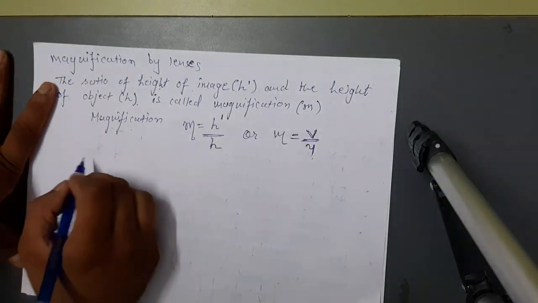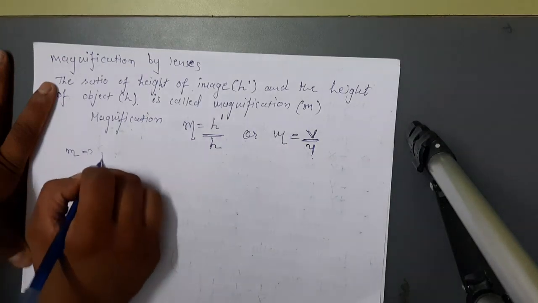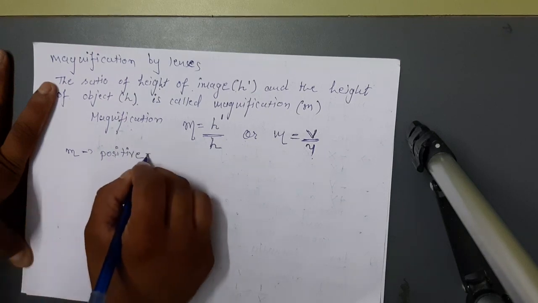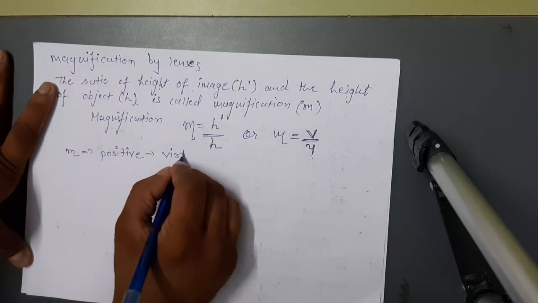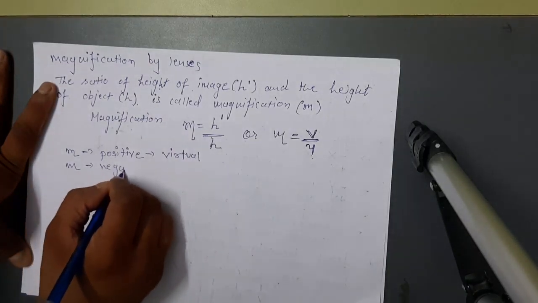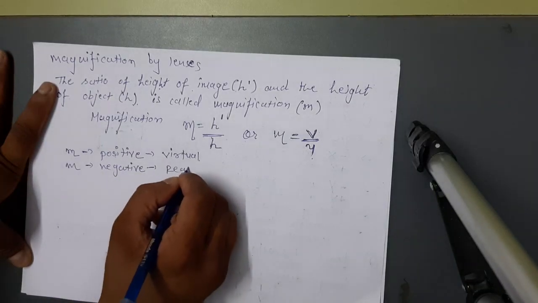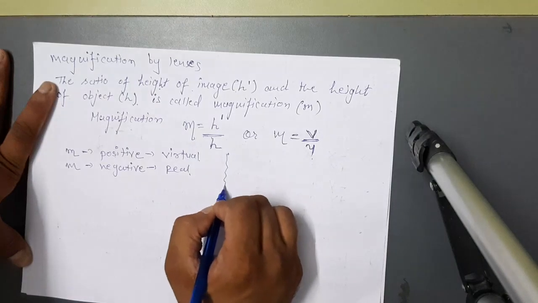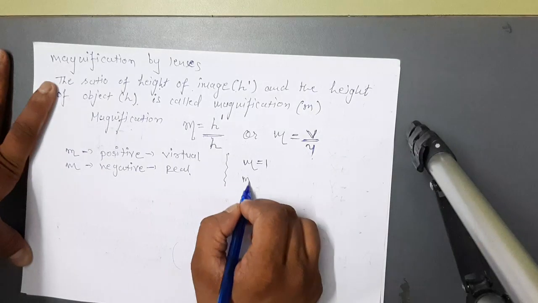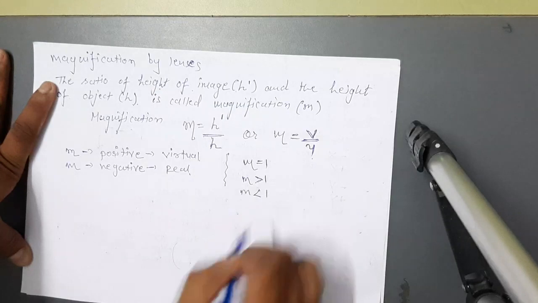Now, the same rules apply: if magnification is positive, our image will be virtual. If magnification is negative, our image will be real. Now we have three possibilities for magnification: M equal to 1, M greater than 1, and M less than 1.